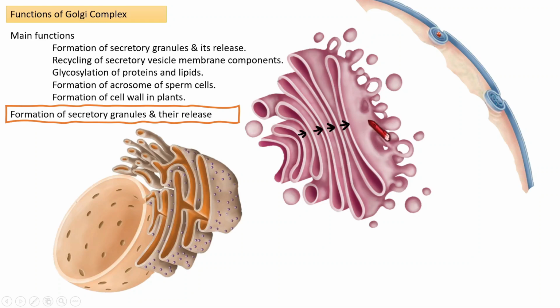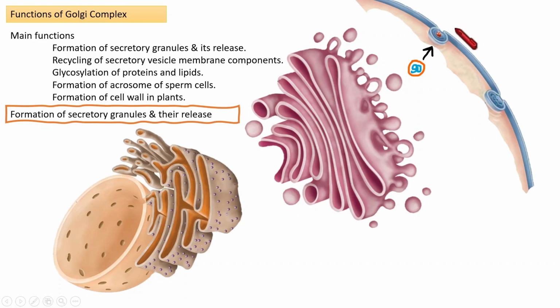And from the trans Golgi portion, it again bulges out to give rise to some vesicles, and those vesicles are called secretory granules. These secretory granules then go and fuse with the plasma membrane if the protein is destined to be released to the extracellular space.